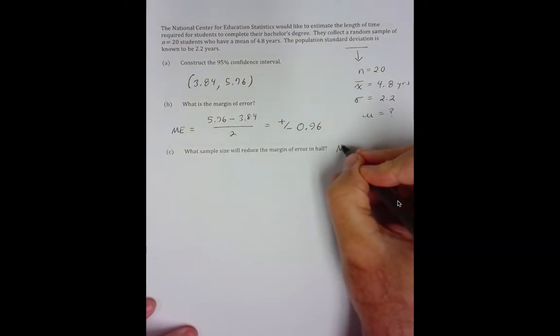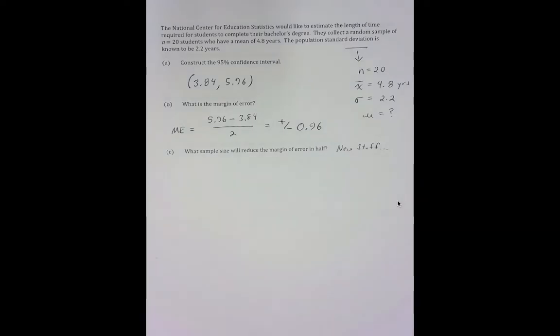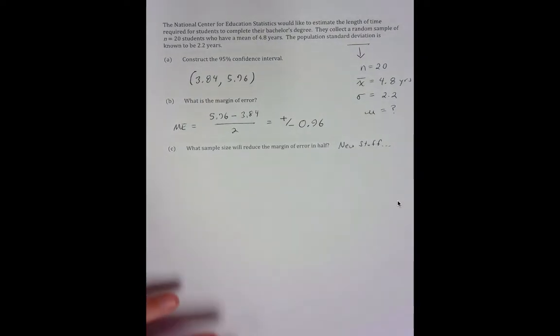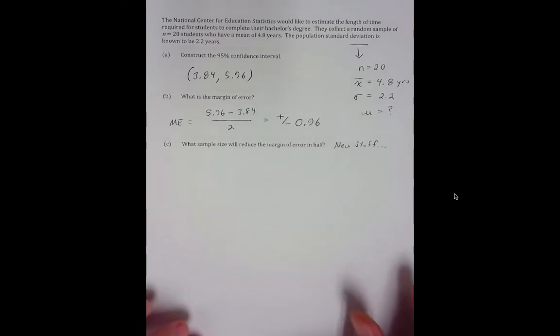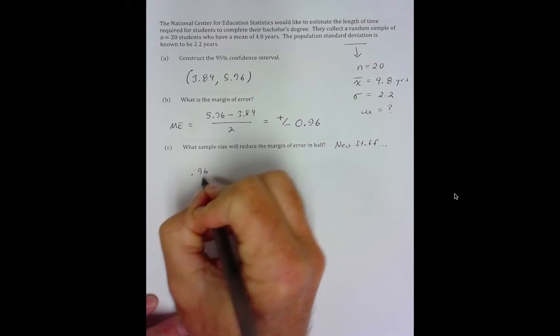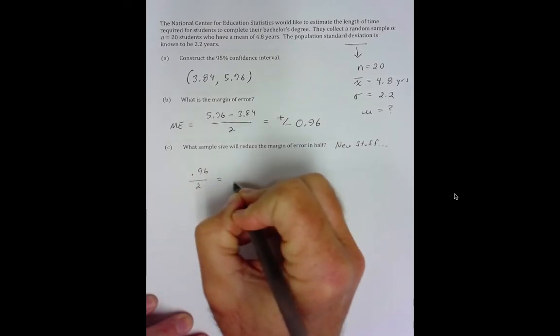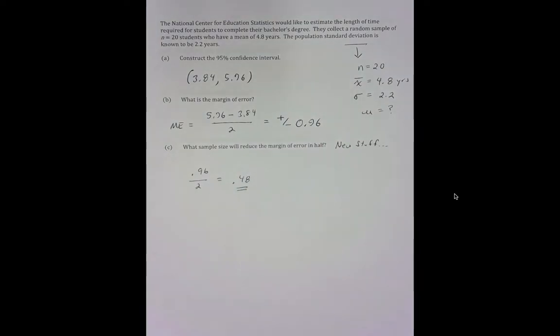Now, new stuff. That should have been just review, but this is new. What sample size will reduce the margin of error in half? If I take the 0.96 and reduce it by half, I need my new margin of error to be 0.48.